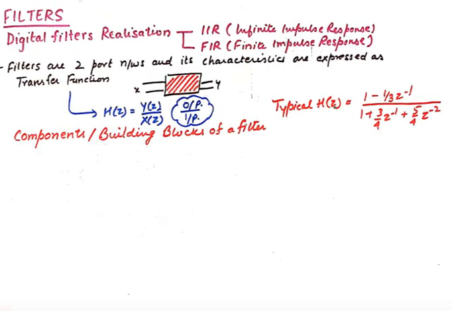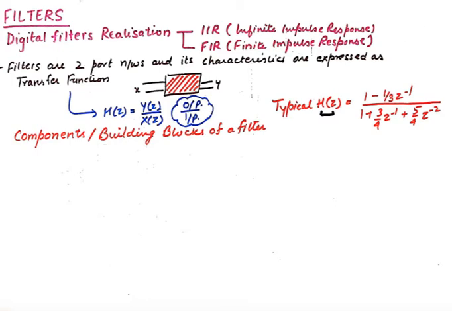So a typical transfer function H of z could look something like this. It is some expression of z in the numerator and some expression of z in the denominator. Now, in order to make a filter out of this transfer function, we would need some components, which are known as the building blocks of a filter.